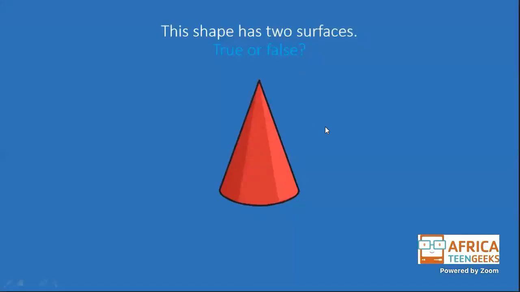So quickly, this one. This shape has 2 surfaces, true or false? I'm going to wait for about 10 answers to come through and then I'm going to reveal the answer. I want all of those 10 to be correct. The shape has 2 surfaces, true or false? Whew, I see different answers.